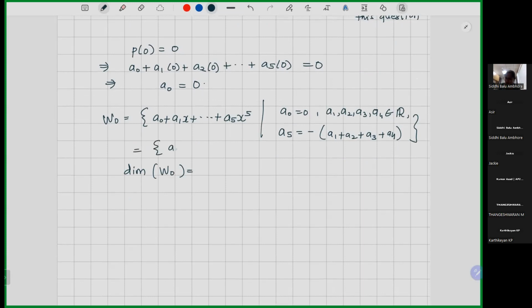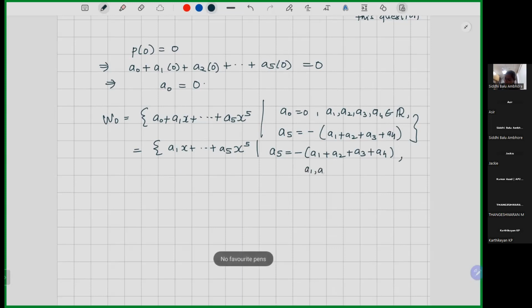So it is just this A1x plus A5x such that A5 is minus of A1 plus A2 plus A3 plus A4, where A1, A2, A3, A4 are in R. Okay, so now the dimension of W0, I have simplified it for you.